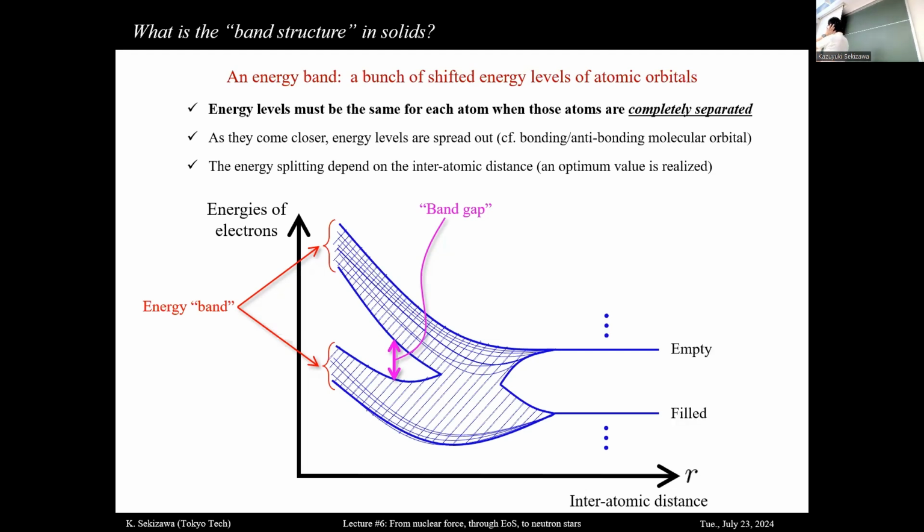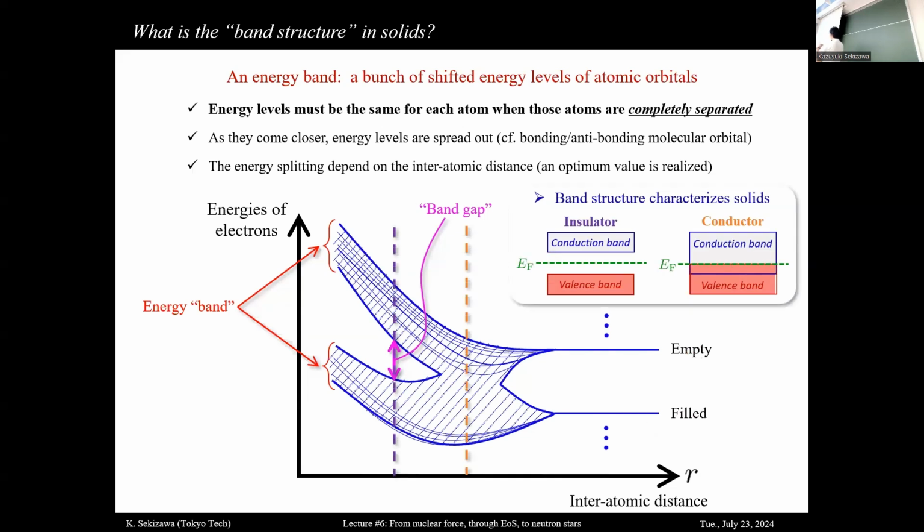And assume that this electron orbital was filled, and this orbital was empty. Okay, so this was the highest occupied atomic state. And in such a case, depending on the optimal interatomic distance, we will have different properties like insulator or conductor.